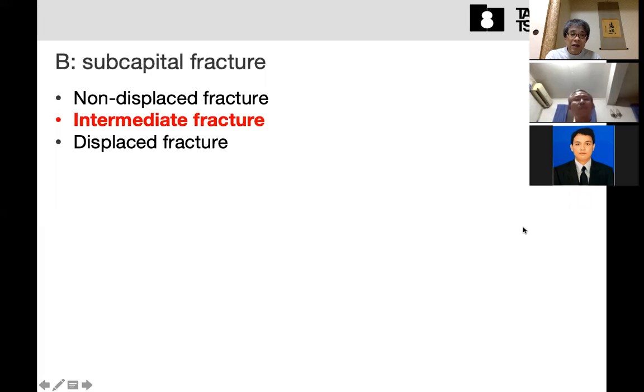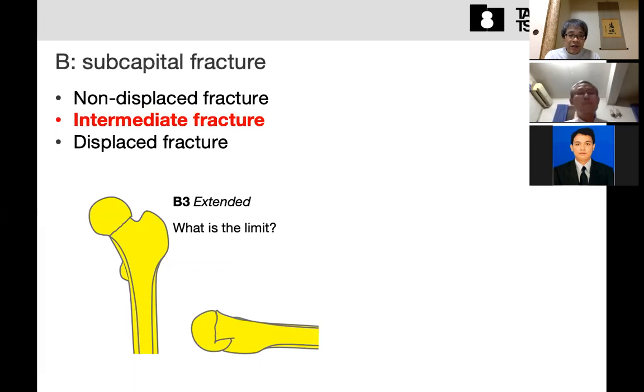The second one, the intermediate fracture, is very controversial. The opinions are different among the surgeons. One is extended fracture with a posterior bending fracture. Can we accept it? If yes, then what is the limit?